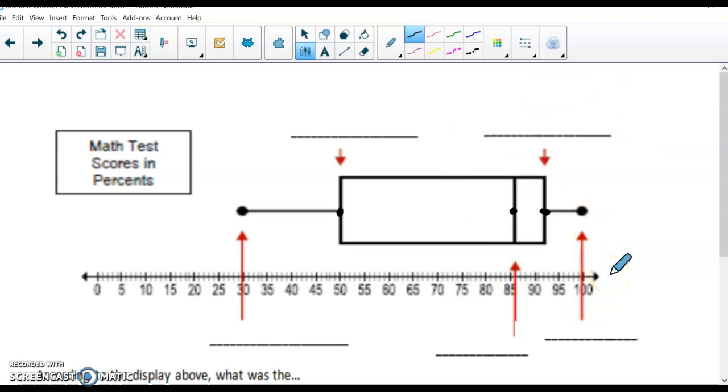If you want to print it out and follow along, you can, or you can just take notes on your own paper if you would like. This right here is called the 5-number summary because we need 5 numbers to create our box plot.